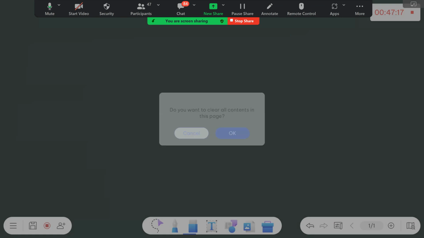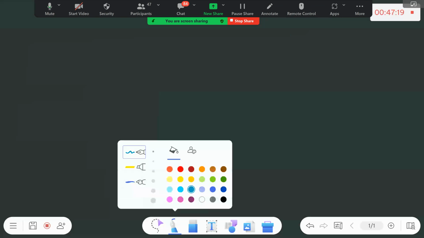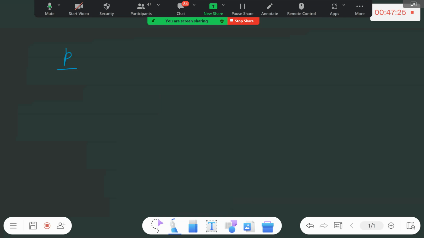Next we have irrational numbers. What are irrational numbers? Numbers which cannot be written in the form P by Q. For example, if you take square root of 2, what do you mean by square root of 2?